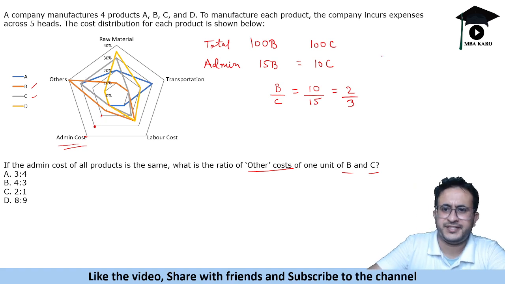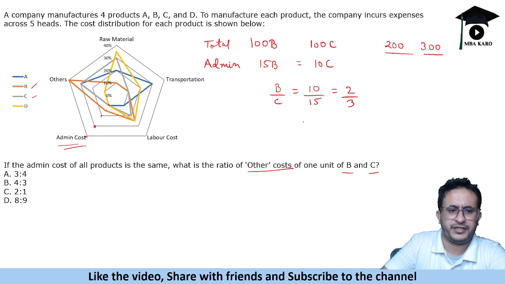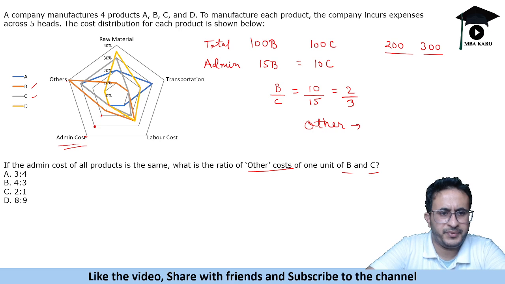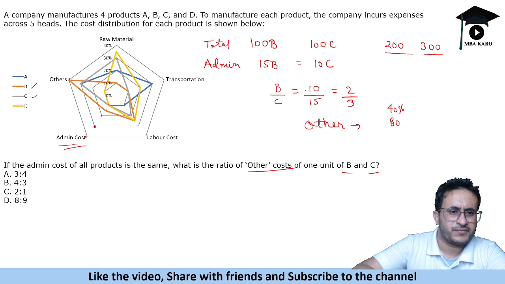Let us say the values are 200 and 300, just assuming the values to be 200 and 300. And what we need to find is the ratio of other costs. Other cost of B is 40% and of C is 30%.